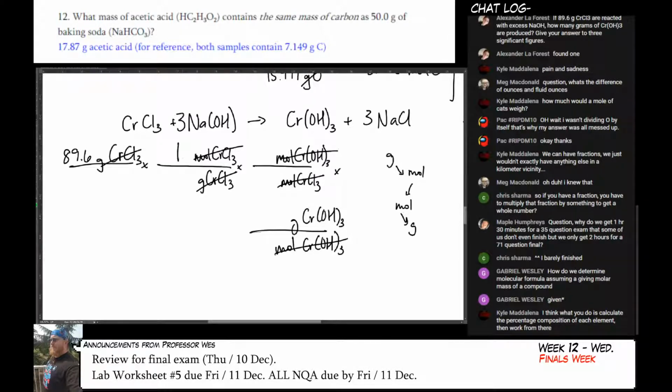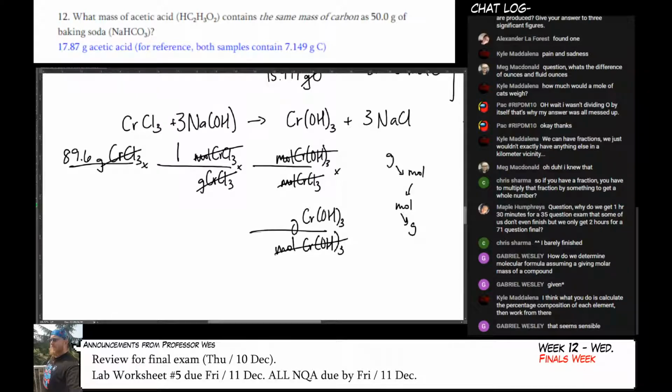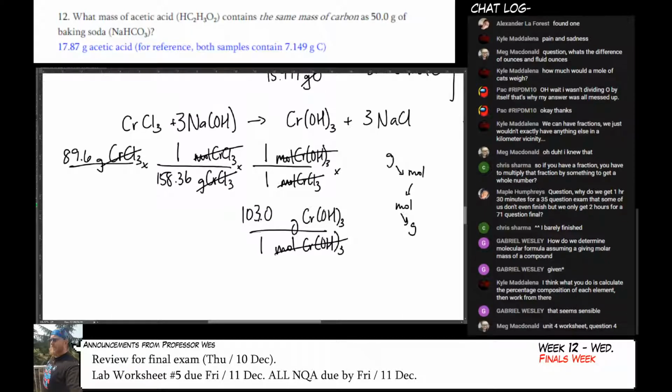And now I got to go to Lentech a whole bunch. So let's see here. CrCl3, 158.36. This is 1 to 1 because there are 1s in the balanced chemical equation for those. And then Cr hydroxide, 103.02. I hit the eraser. There we go.